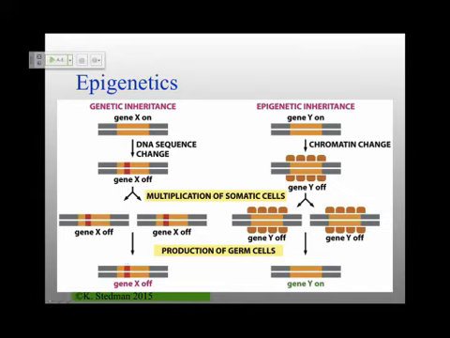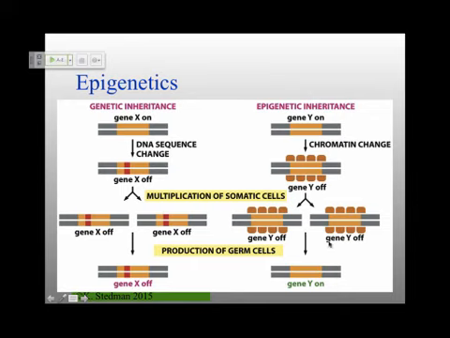On the other hand, for an epigenetic modification, we have gene Y on. Here we're going to talk about heterochromatin. That heterochromatin is going to shut down that DNA and turn off the gene. That can be inherited. And again, we'll talk about how that epigenetic inheritance takes place for heterochromatin.